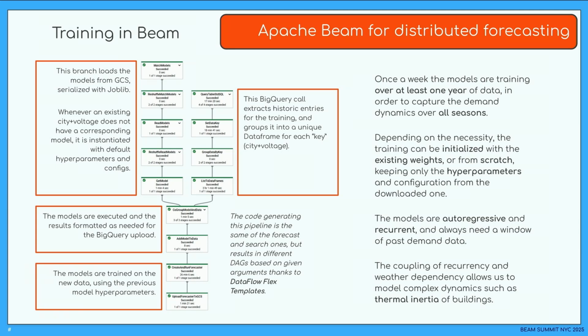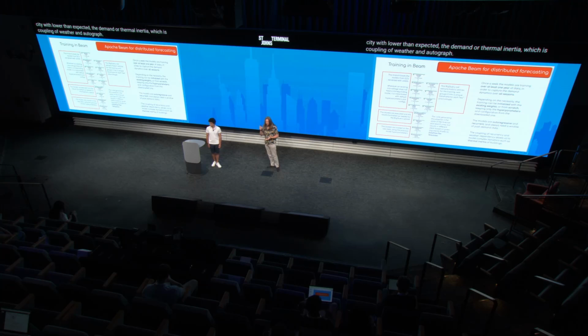And this model allows us to model mostly anything on this kind of data, from the autoregressive components like single pods, or in this case a city with lower than expected demand, to thermal inertia, which is the coupling of weather and autoregressive components.